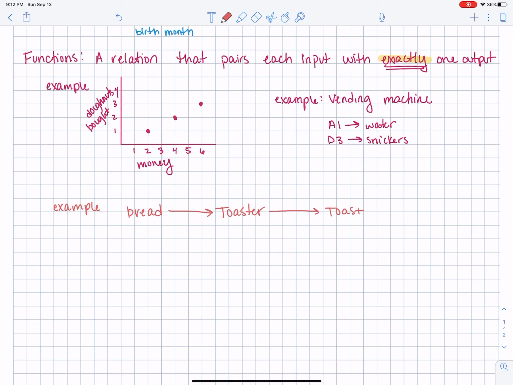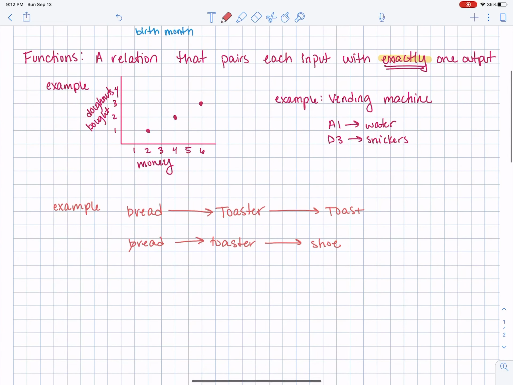There's never a time where you would put bread into a toaster and get, I don't know, a shoe out. You would never get anything out besides toast. So you could cross off this section right here, right? It's not true. And this toaster, what we refer to in math, is kind of the function machine. It's the machine, or what we're doing in order to get an output, kind of like a vending machine.